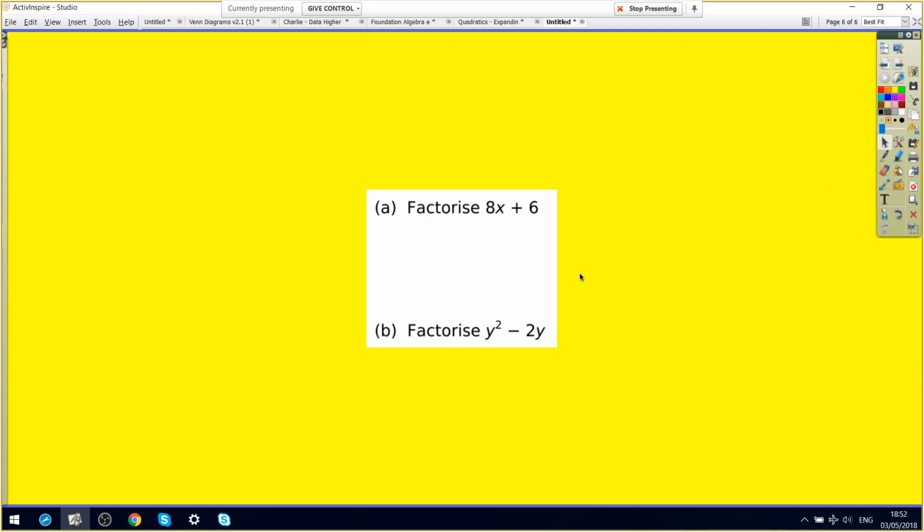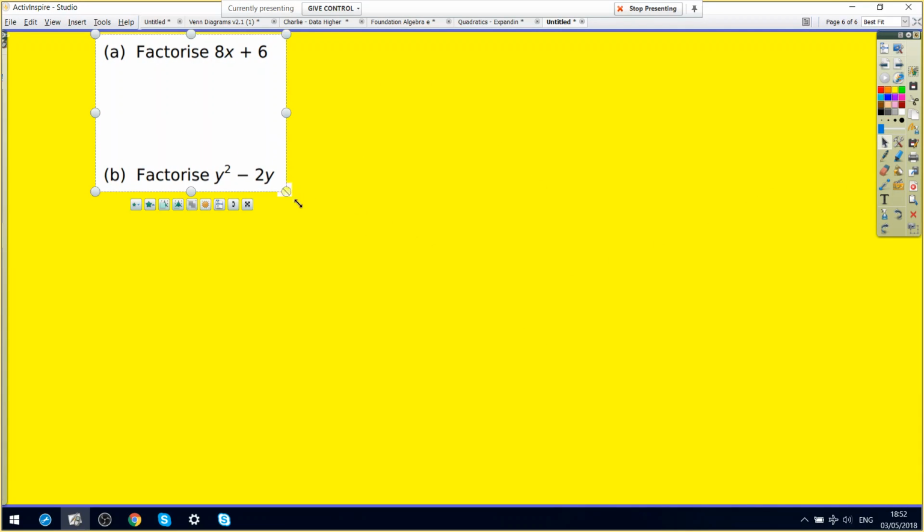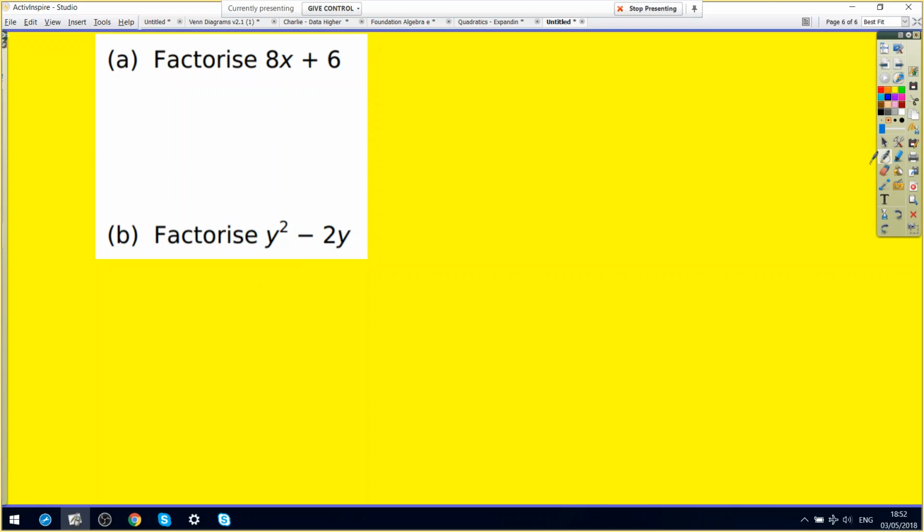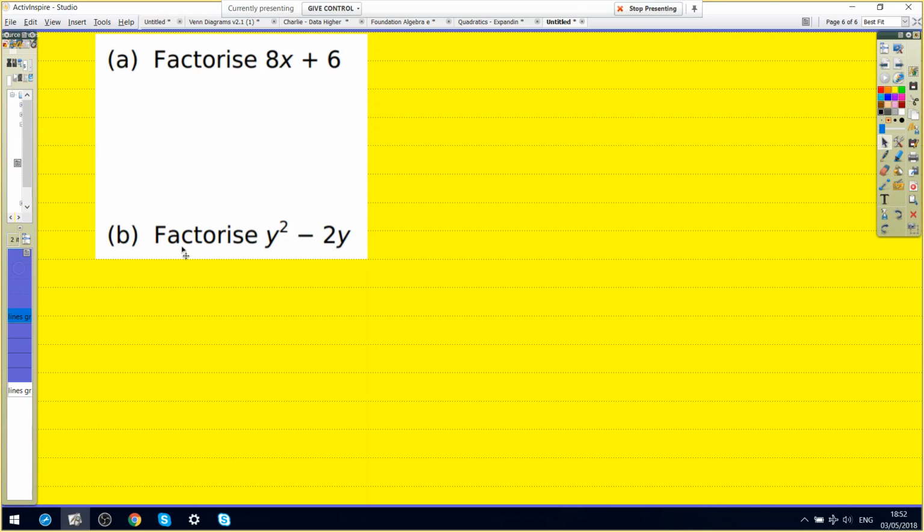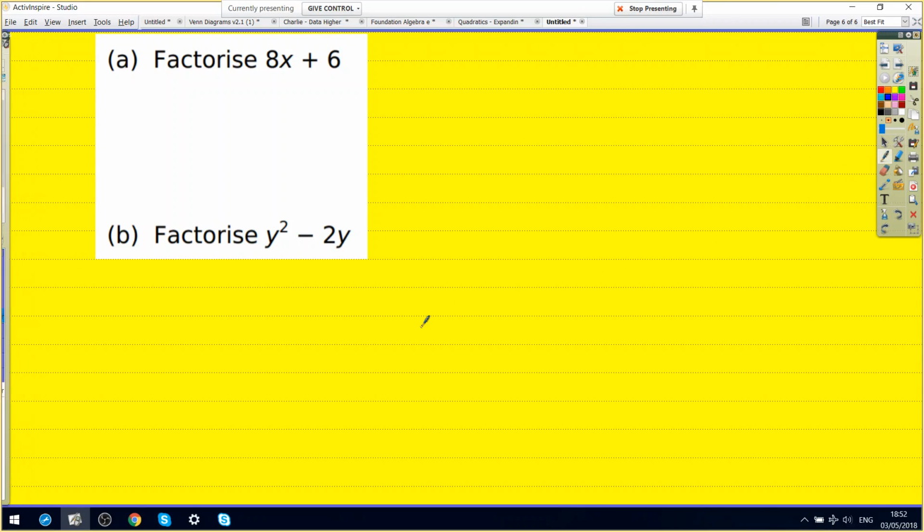No. Okay. So would you start off with x, wouldn't you? They don't both have x in common, so they couldn't both have been multiplied by x.